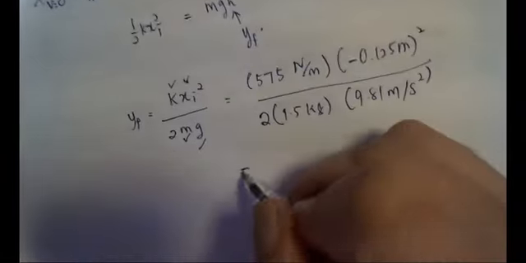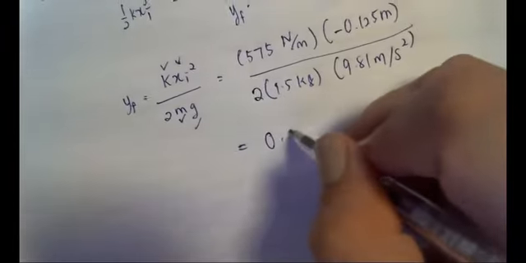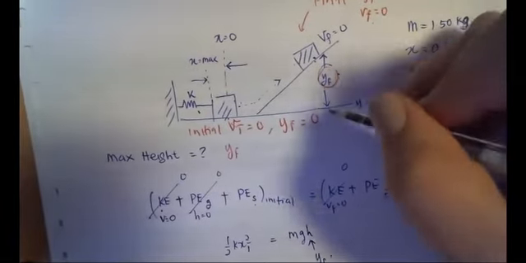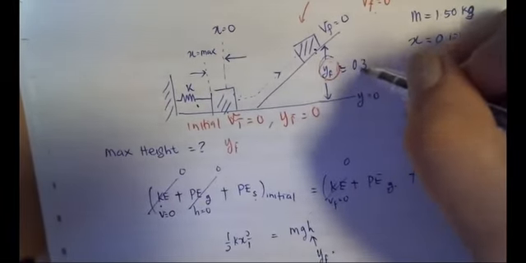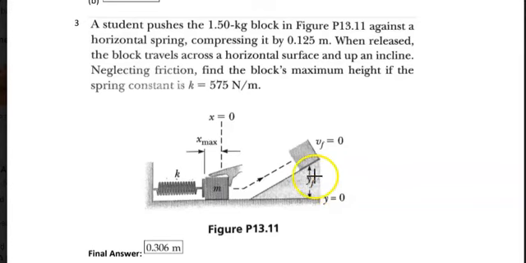You are supposed to get the answer equal to 0.306 meter. So the new position of the block, the height of the block now, is equal to 0.306 meter. And the value of y, which is the height, is not equal to 0, which you need to find in this question.